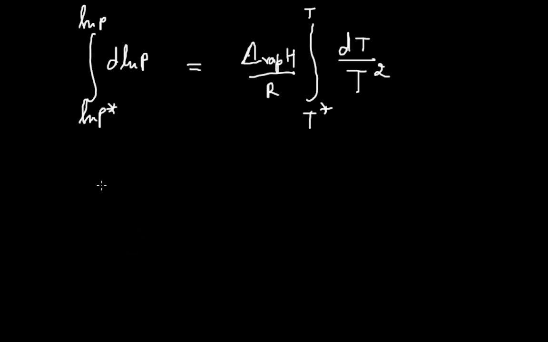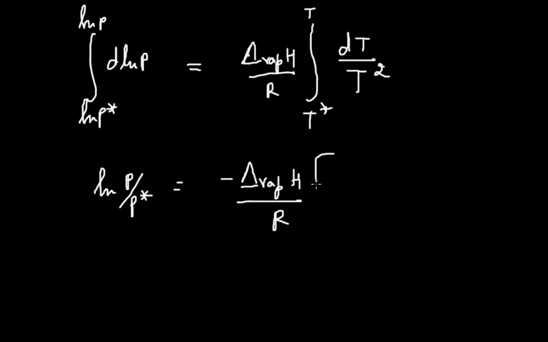Now if you do the integration, your ln P by P star should be equal to minus delta vaporization H by R, and in the brackets it's going to be 1 by T minus 1 by T star.